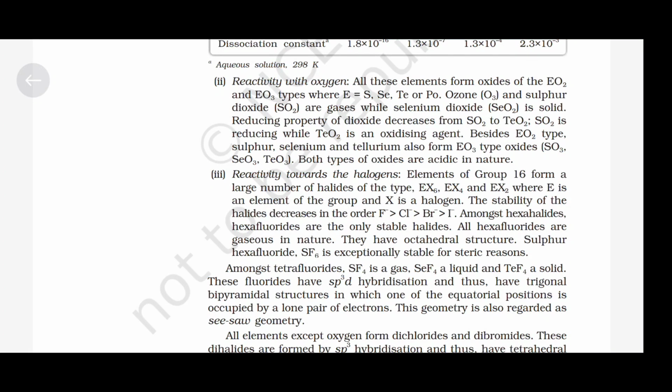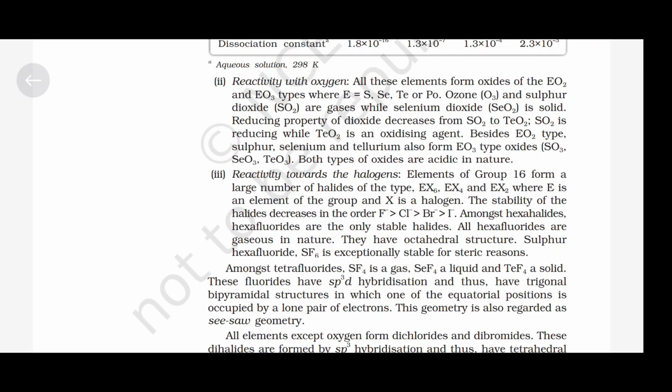Reactivity towards the halogens. Elements of group 16 form a large number of halides of the type EX6, EX4, and EX2, where E is an element of the group and X is a halogen. The stability of halide decreases in the order F- > Cl- > Br- > I-.